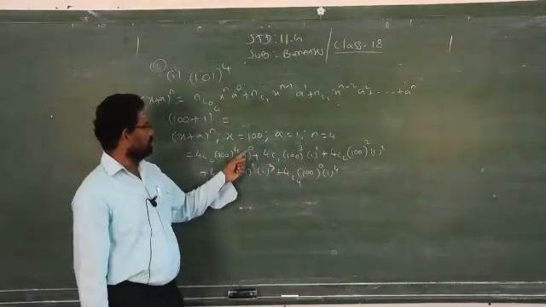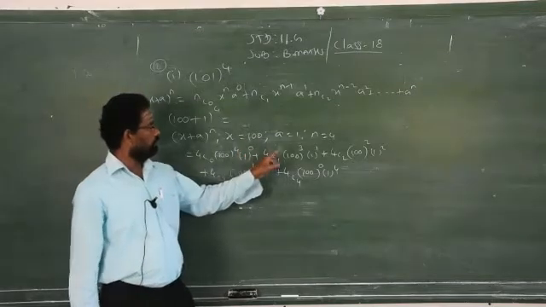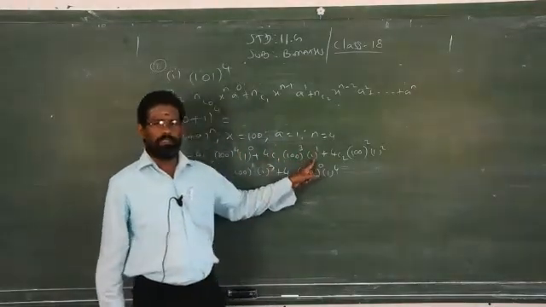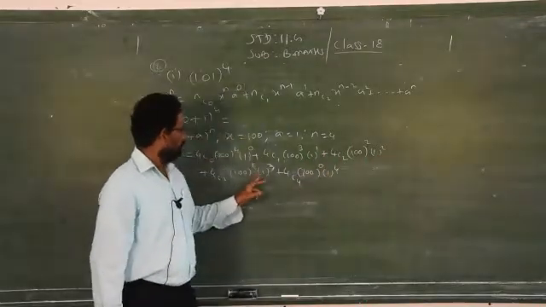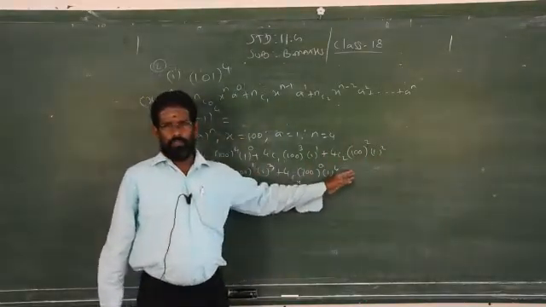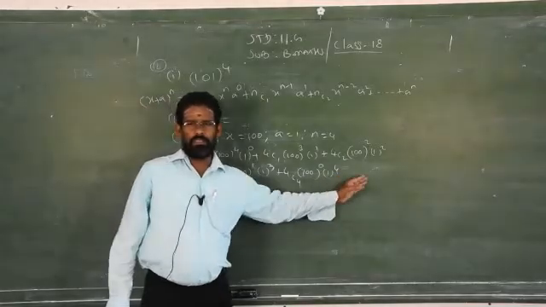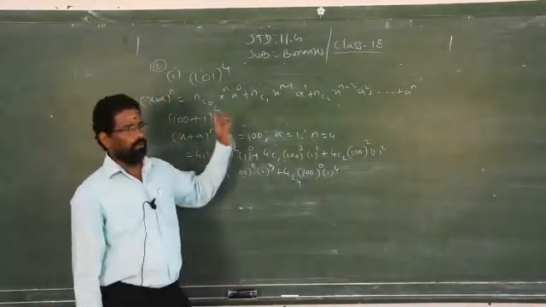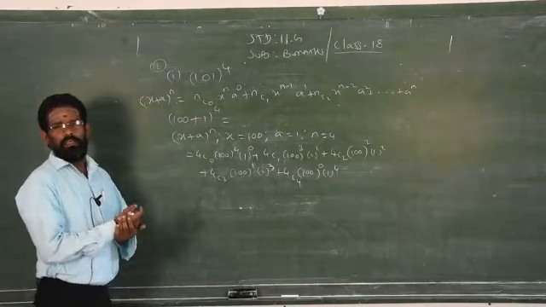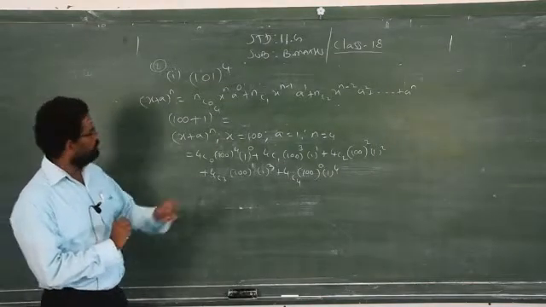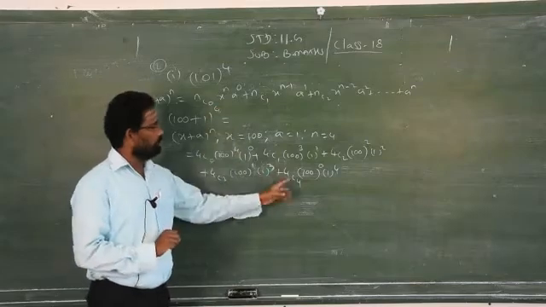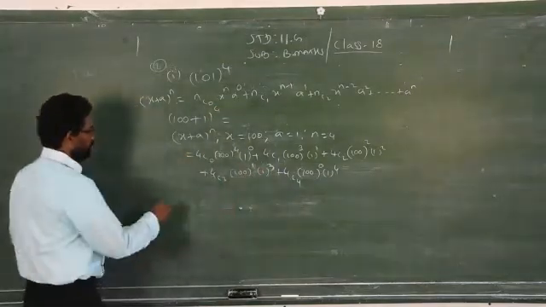Here a power 0. After a power 0, a power 1. But in the place of a, what is given in the question? 1. 1 power 1, 1 power 2, 1 power 3 and 1 power 4. Do you think another term will come next? Not possible, because what is the power? 4. You cannot go for 5C5. Not allowed, because the maximum power is 4. So 4C4 is over. Now you start to simplify.